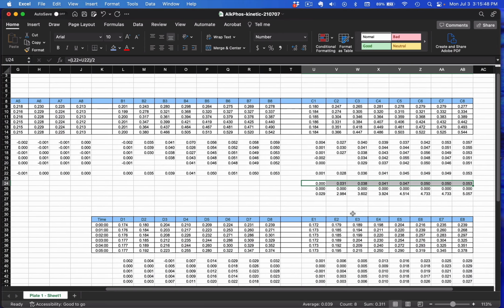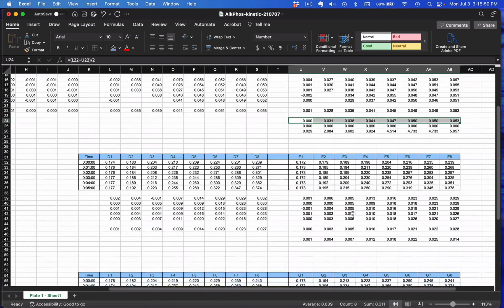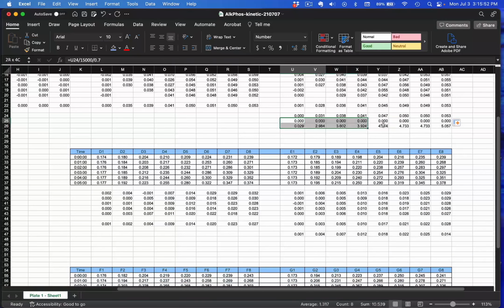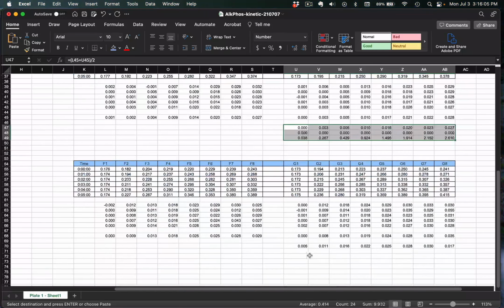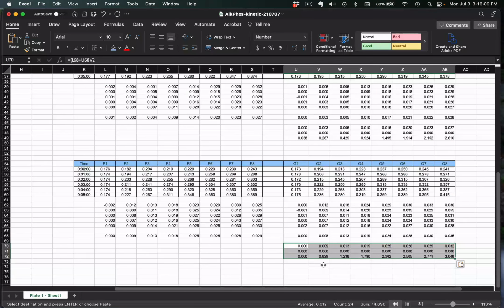Okay, so I'm going to take these cells here, paste them down here, and do the same thing down here. So now in each case, we have converted this into the amount of the product per minute.